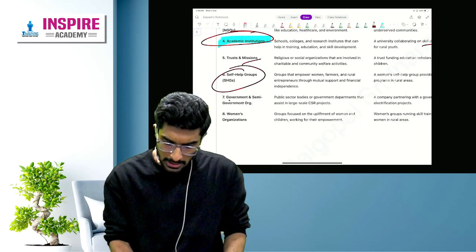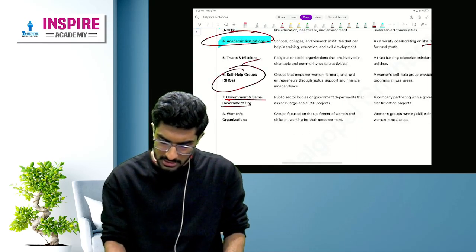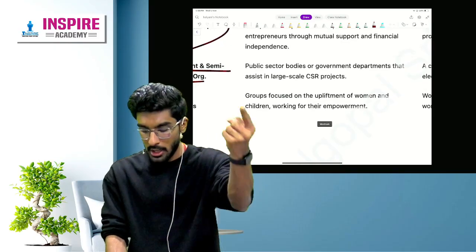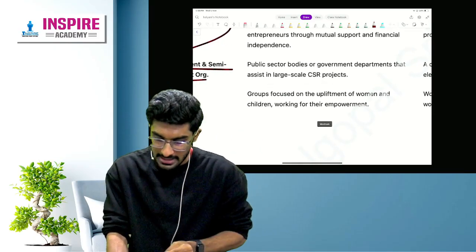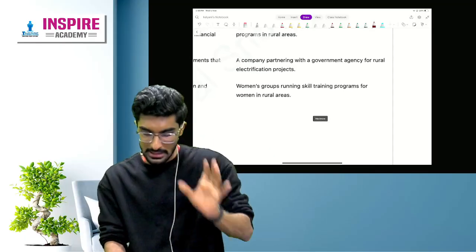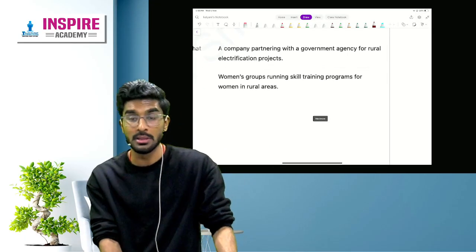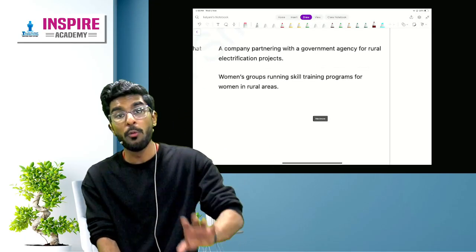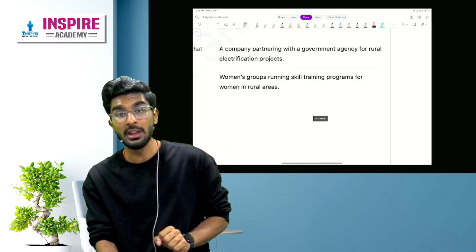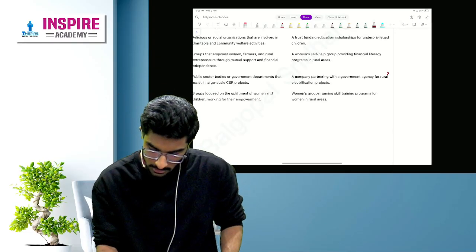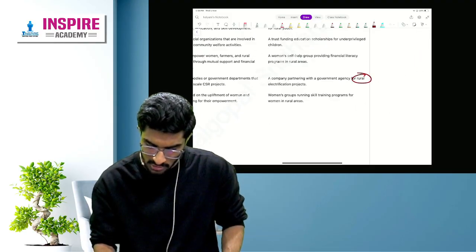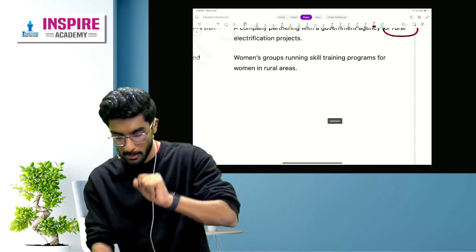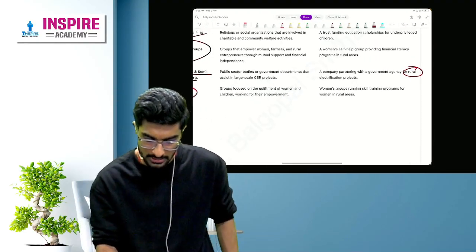Next is government and semi-government organizations: public sector bodies or government departments that assist in large-scale CSR projects. For example, a company partnering with a government agency for rural electrification projects. And last is women's organizations. We all know women's groups run skill training programs for women in rural areas.